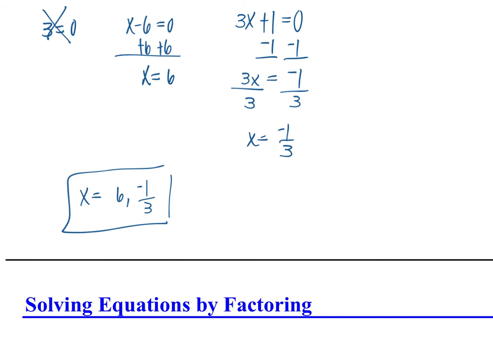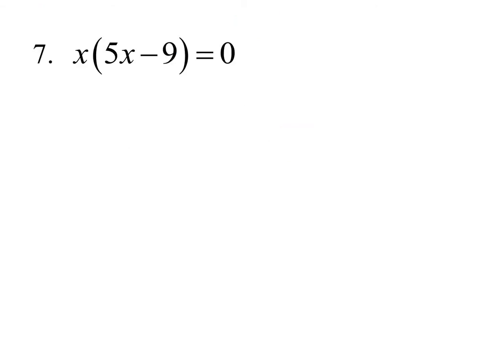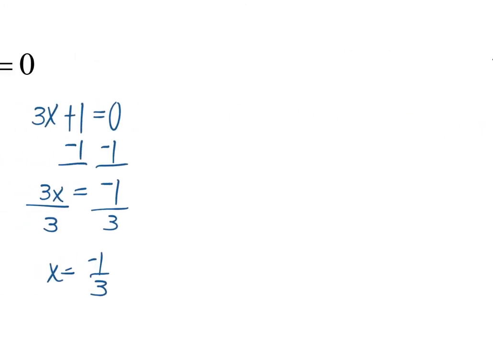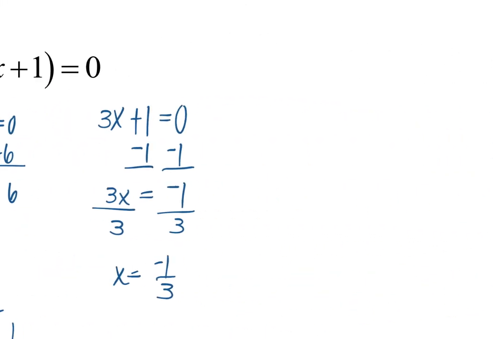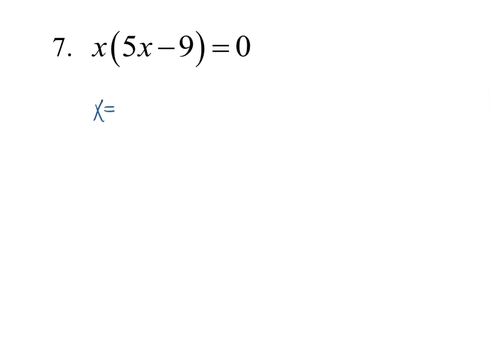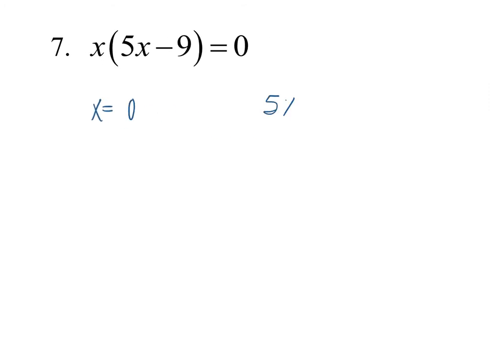On number 7, notice that x is out front, probably because it's a GCF, much like on number 6, the 3 was out front. But I'm still going to set all the factors equal to 0, so x equals 0, and 5x minus 9 equals 0. Earlier when we said 3 equals 0, that was a false statement, right?